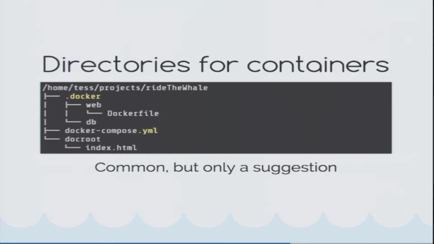This isn't even considered a best practice, but it's really common, and it's still just a suggestion. I like creating a docker directory because I'm the crazy Docker person, and not everyone else wants to see a docker directory in their project. And after that, I create a directory for each container in my container set. In this case, I put the Dockerfile under the web subdirectory under the docker directory.